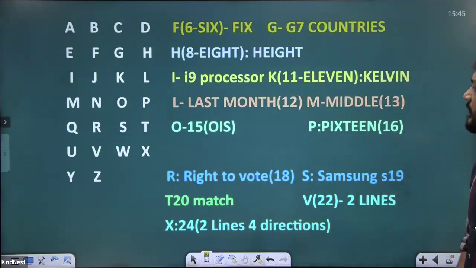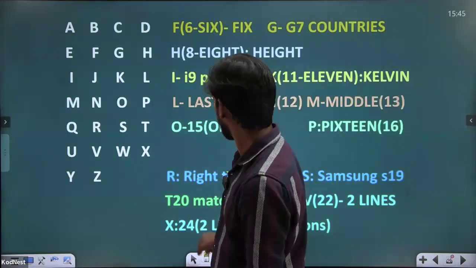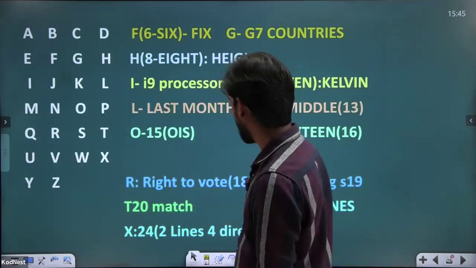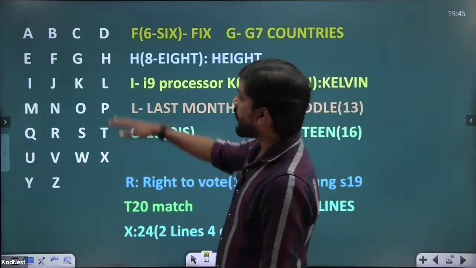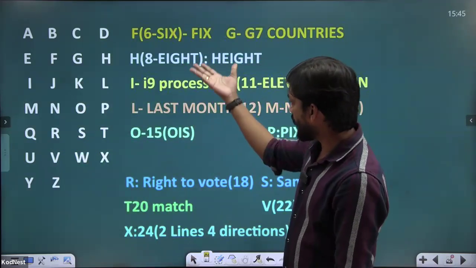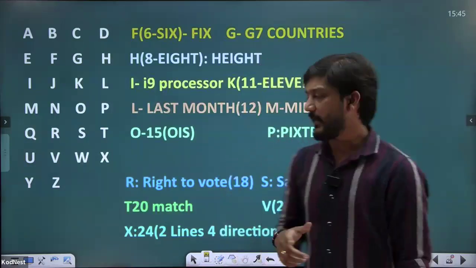Please try to observe this. These are all the 26 letters which we have. These are a few ways to memorize the place value of each letter. Try to observe this.